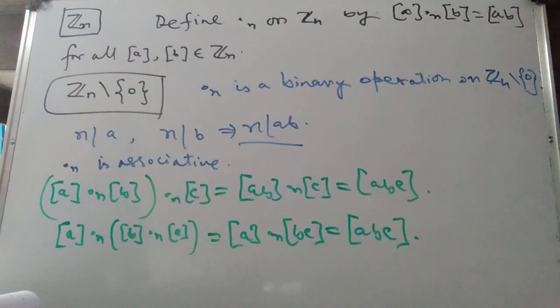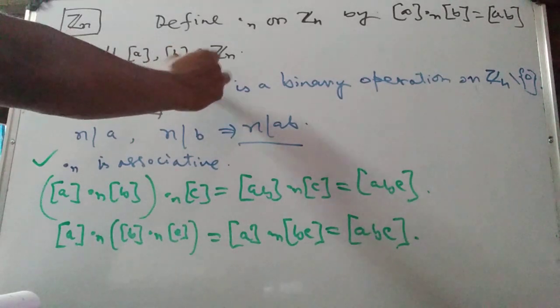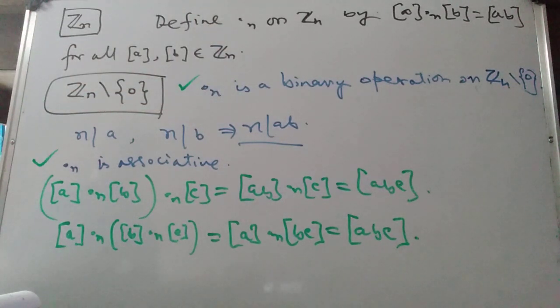Understood? Not a problem at all. Then this is associative, and obviously this is a binary operation.